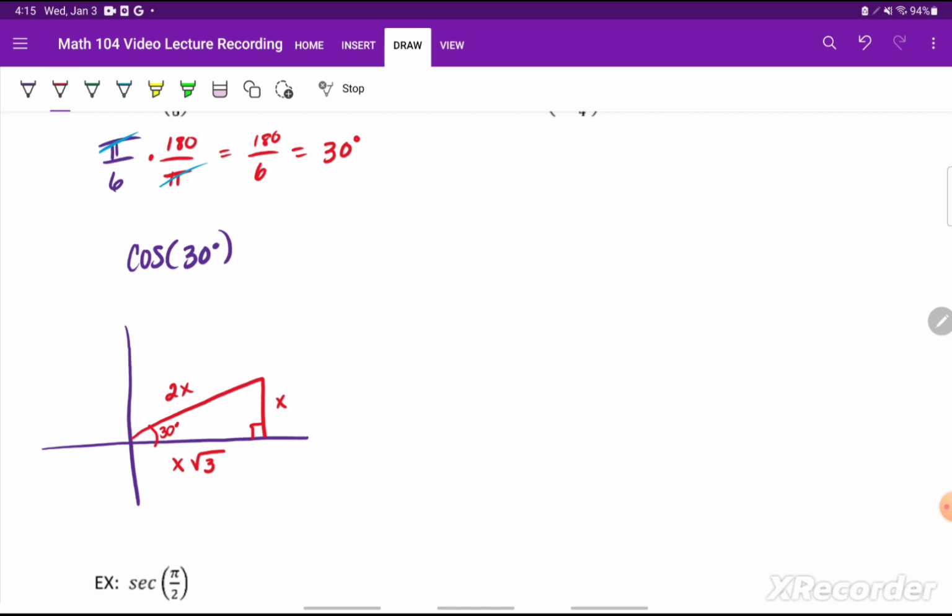And now we want cosine of this triangle. We know cosine is adjacent over hypotenuse. So that's going to be x square root of 3 over 2x. And we simplify by canceling out our x's, and we get square root of 3 over 2.